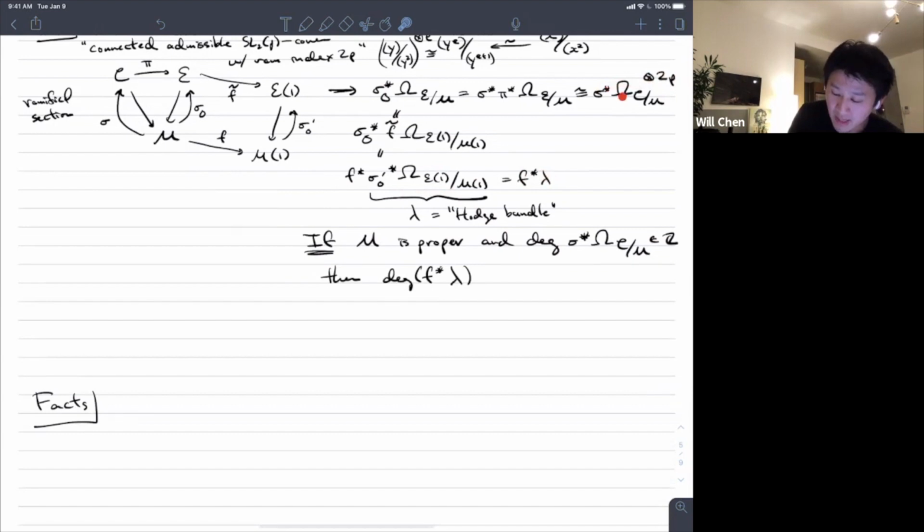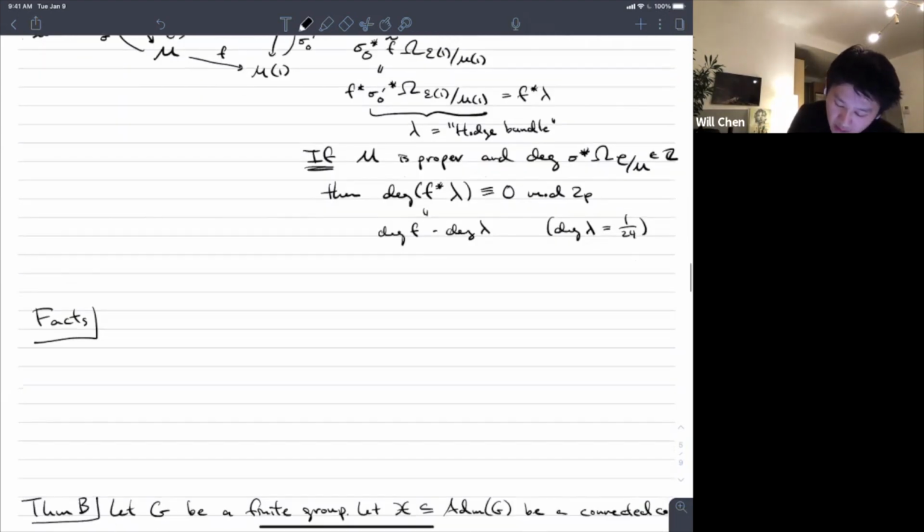If this has integral degree, then the degree of the pullback must be congruent to 0 mod 2p. But this is also the degree of F times the degree of lambda. And since the degree of lambda in the proper case is 1 over 24, you get that the degree of F is congruent to 48p, but let's just say it's congruent at least to 0 mod p.